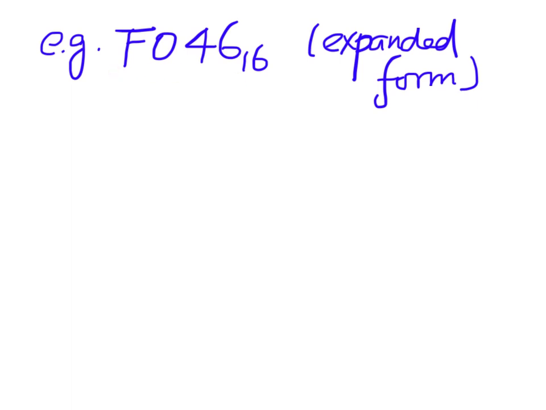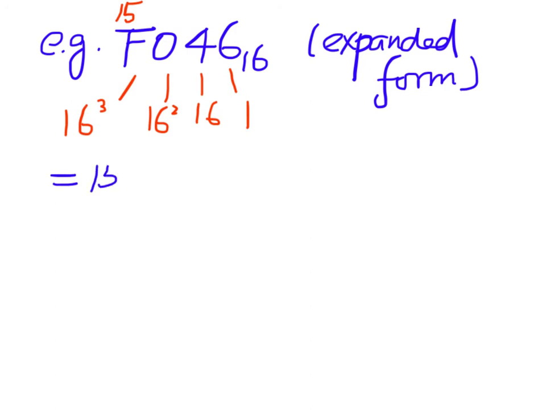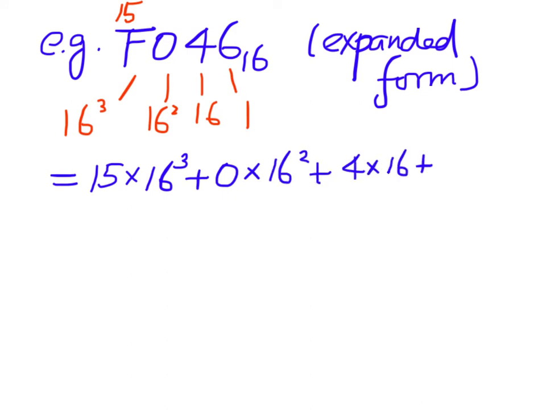Let's look at another example on hexadecimal digits. Write this number in expanded form. The place values will be 1, 16, square of 16, cube of 16. And F represents 15, remember. Therefore, the value of this number will be 15 times the cube of 16, plus 0 times 16 square, plus 4 times 16, plus 6 times 1.